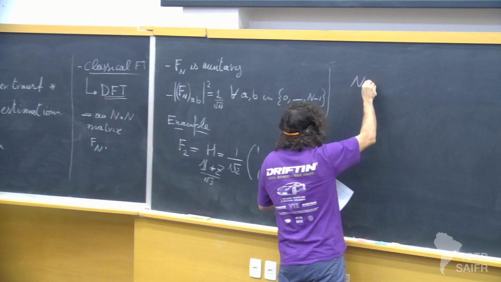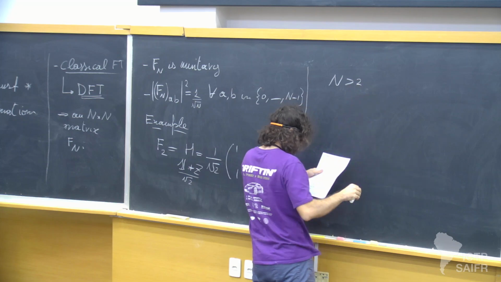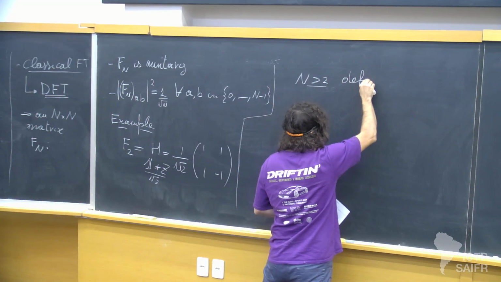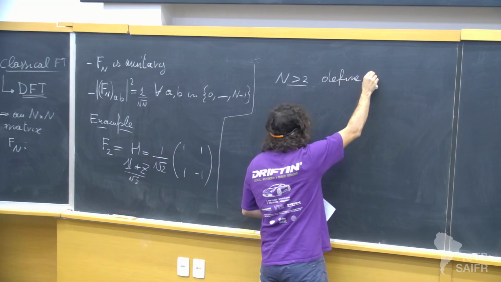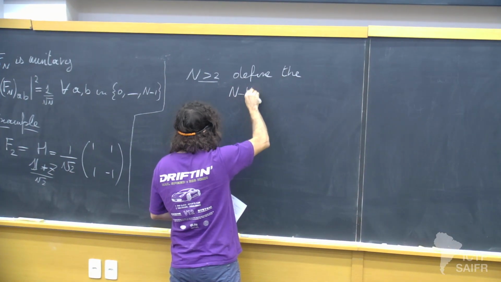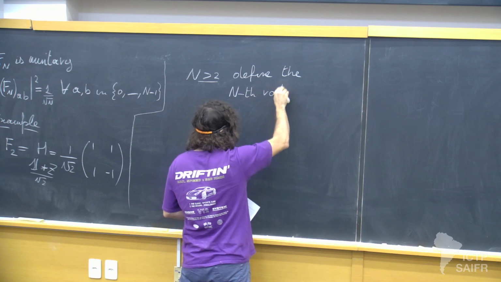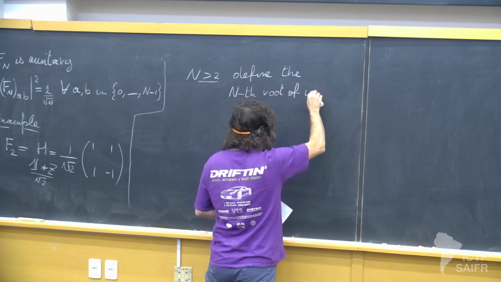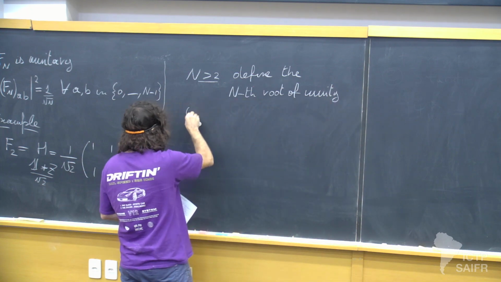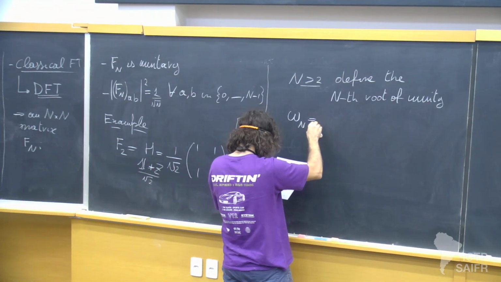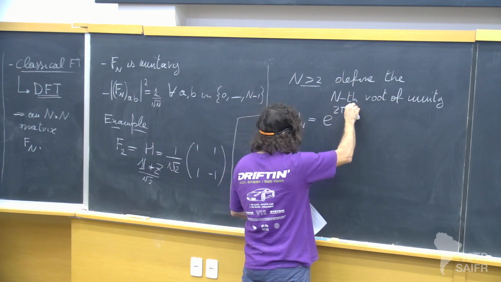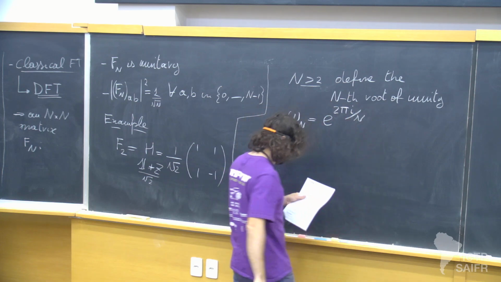If n is larger than 2, what we have to do is to define the n-th root of unity, which is omega n equal to e to the 2 pi i over n, right?